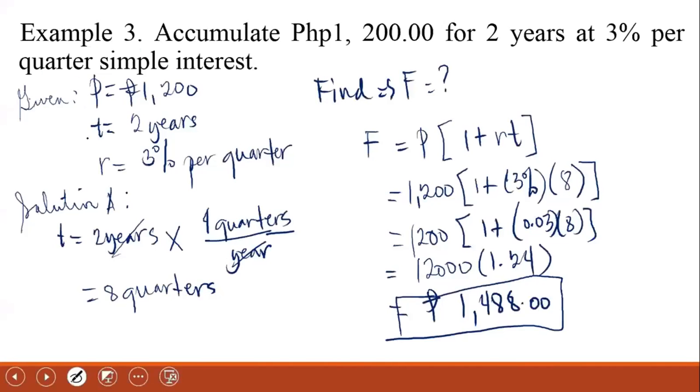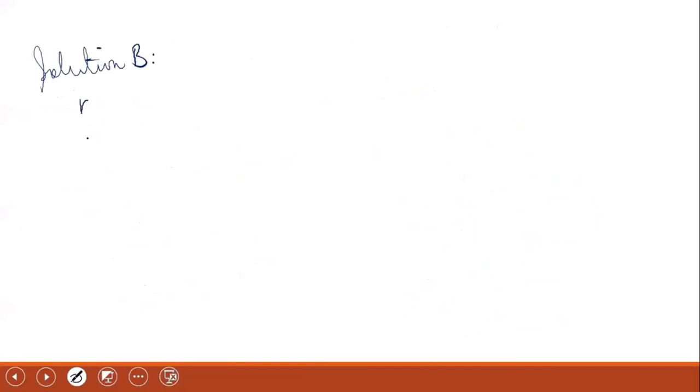Kasi ano yung nabanggit kanina doon? So, per quarter. So, para mag-agree siya doon sa term natin na 2 years. So, convert muna natin si rate to per annum. Okay? To conform with that T that is expressed in years. Ayan.